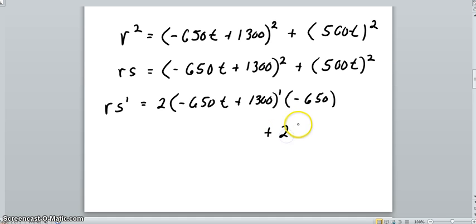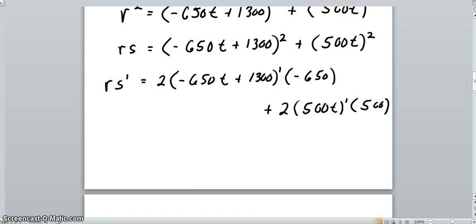That's fine. 2 times 500t to the first times the derivative of the inside. So this function simplifies to, let's see, I'm going to multiply 2 times minus 650 times minus 650, which should give us 845,000.